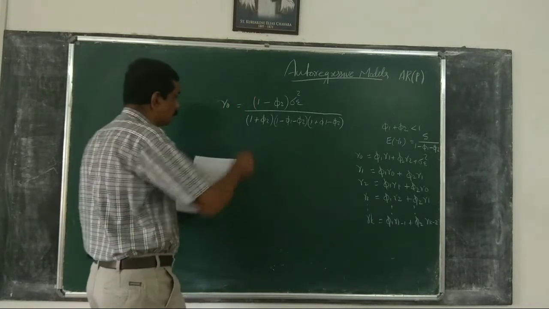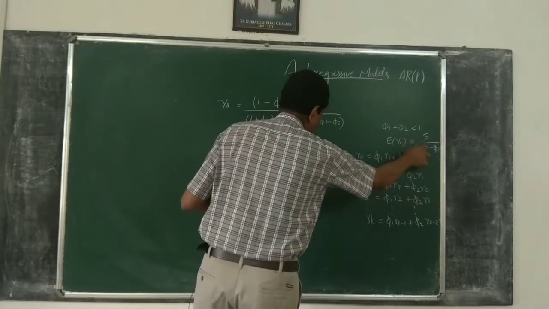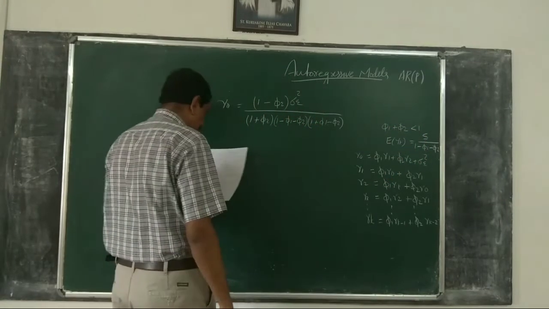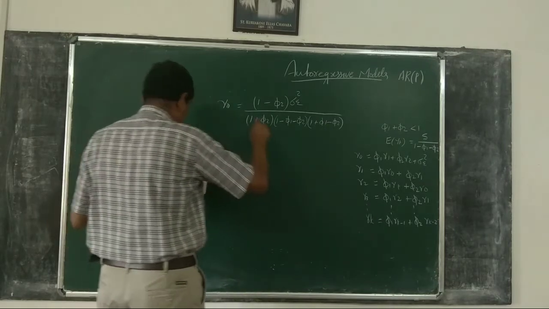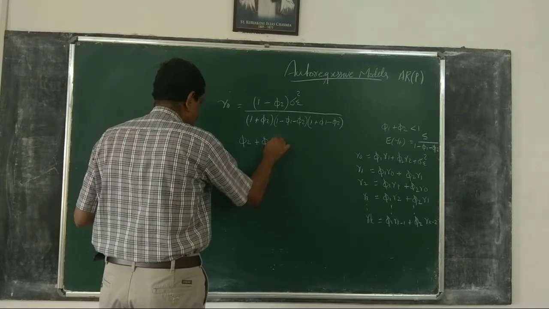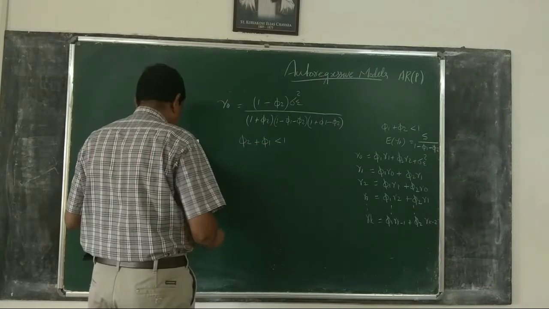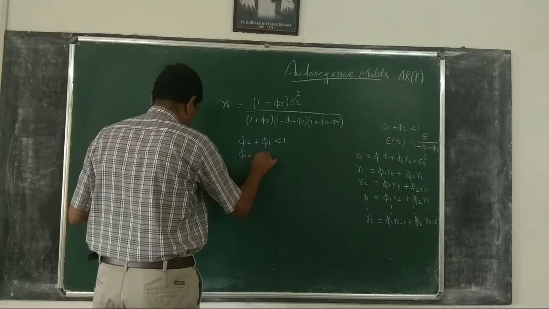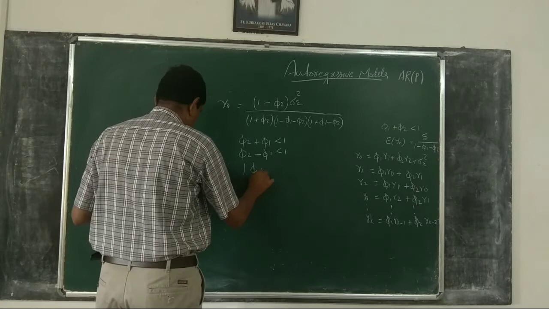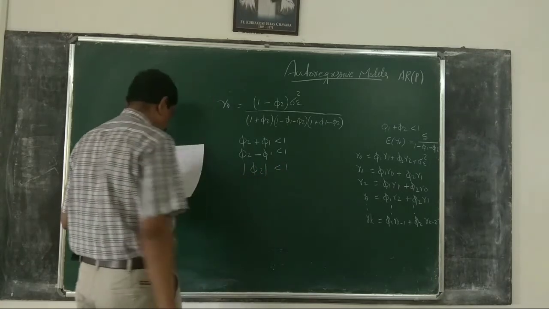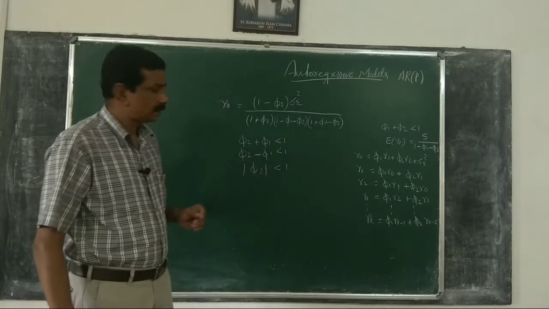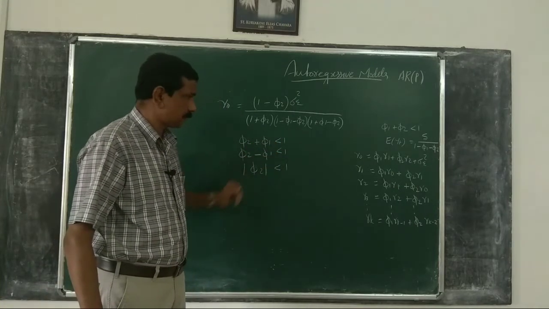Then the condition for constancy of mean is phi 1 plus phi 2 less than 1. The condition for constancy of variance is phi 2 plus phi 1 less than 1, phi 2 minus phi 1 less than 1, and absolute value of phi 2 less than 1. These are the stationarity conditions for an AR2 process.